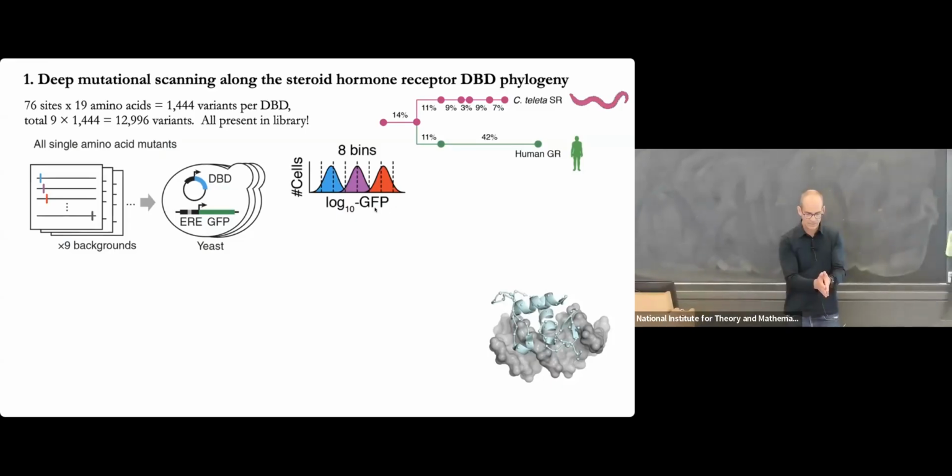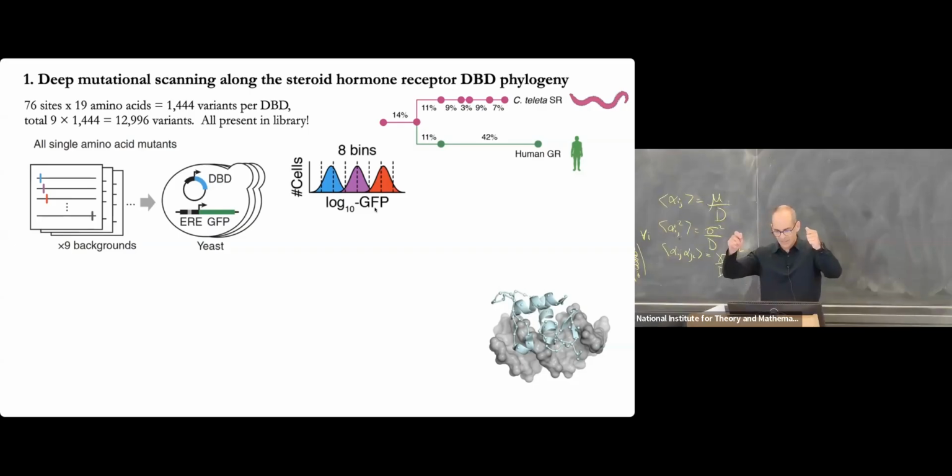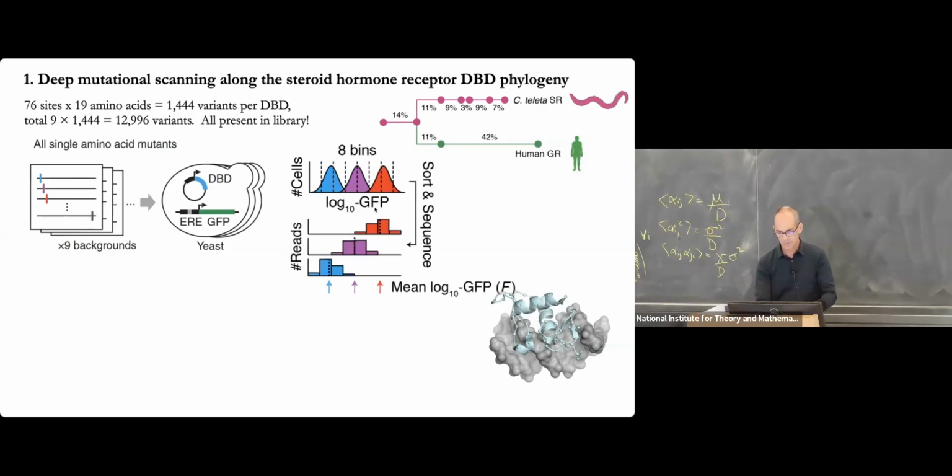Use fluorescence activated cell sorting to separate the library of cells according to their fluorescence. Sequence those bins, which allows us for each variant to estimate its mean fluorescence from its representation in each of the bins. Okay, so we then have the mean phenotype of all 1,400 some variants in each library.